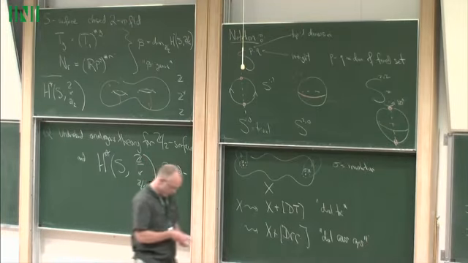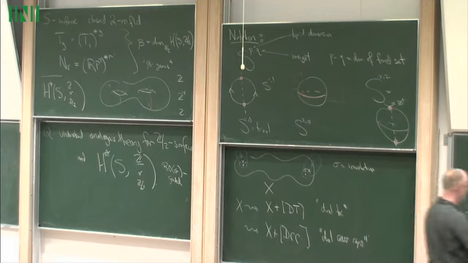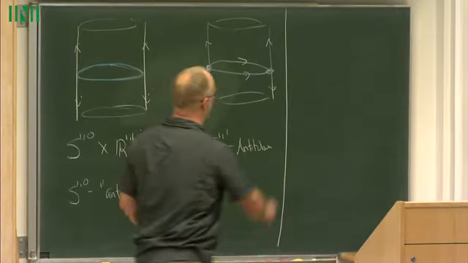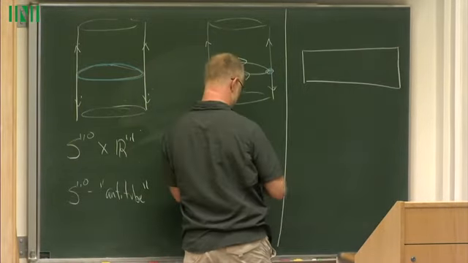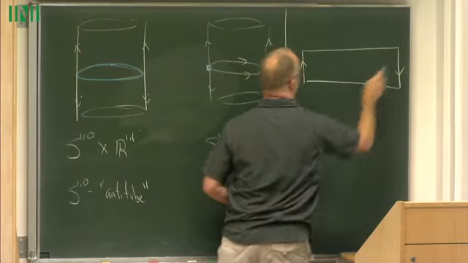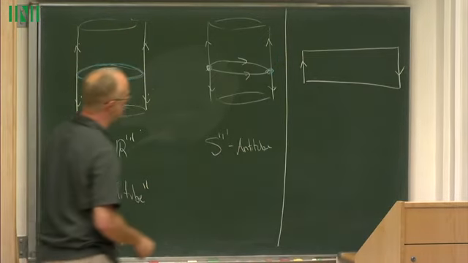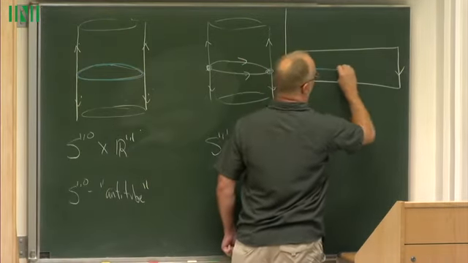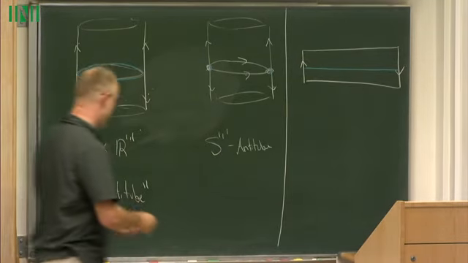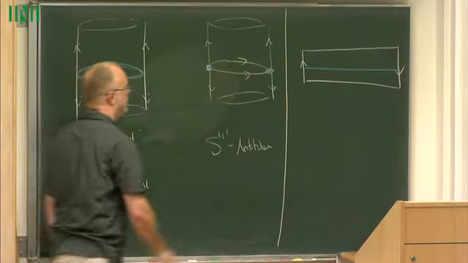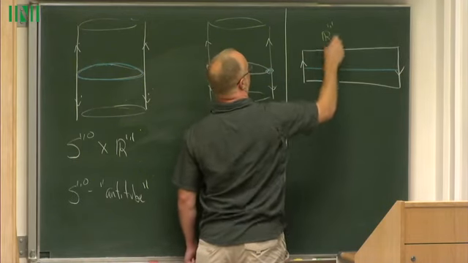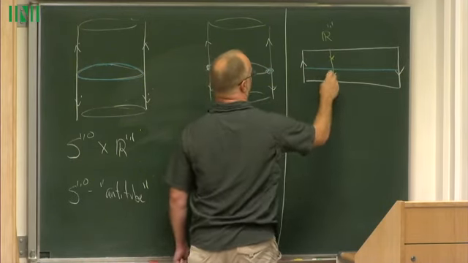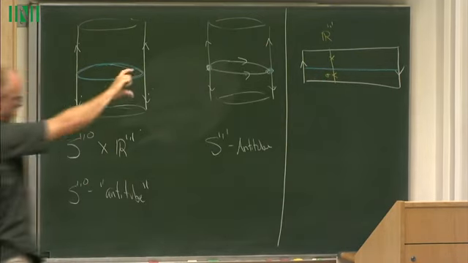And then there's one last operation that I'm going to need. So here's a Mobius band. There's going to be a fixed circle inside of it. And each of these fibers is an R11. So that's conjugate to that, x and sigma x, all the way along.